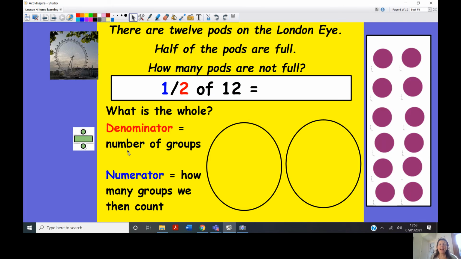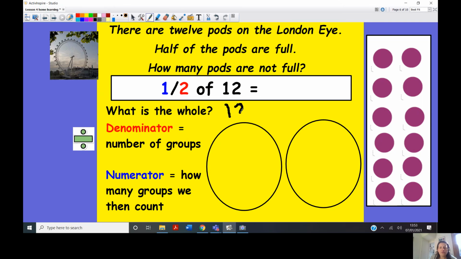So here's an example. There are 12 pods on the London Eye. Half the pods are full. How many pods are not full? Remembering our steps to success, what is our whole?